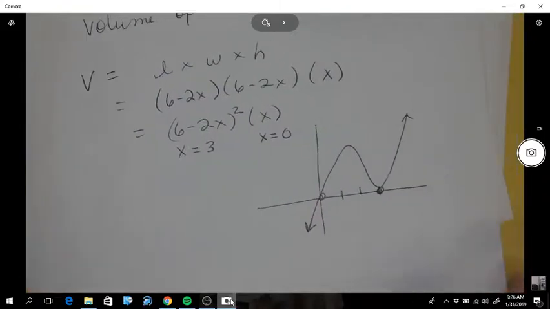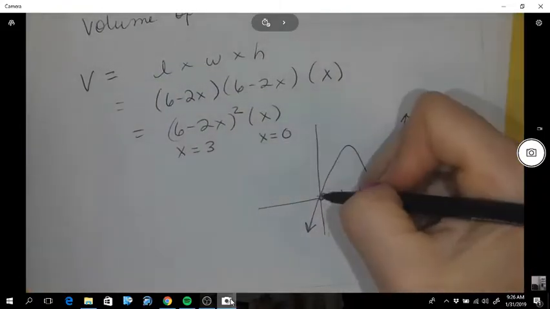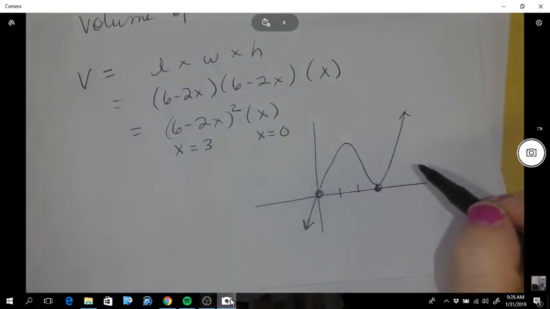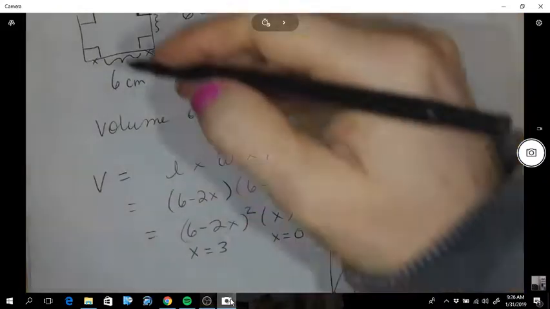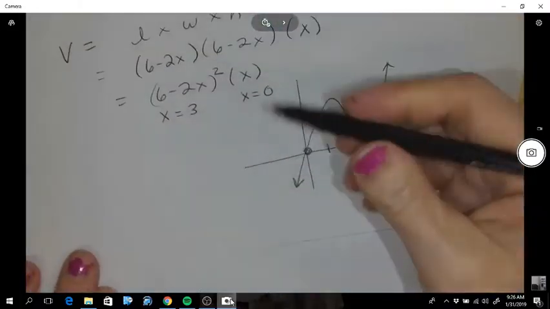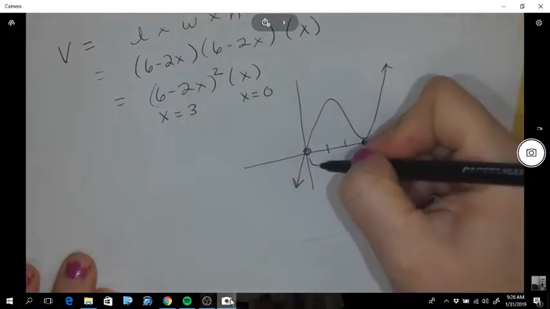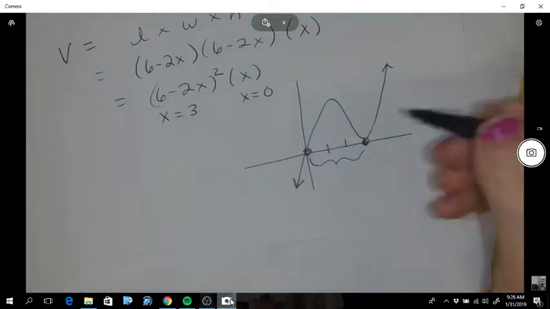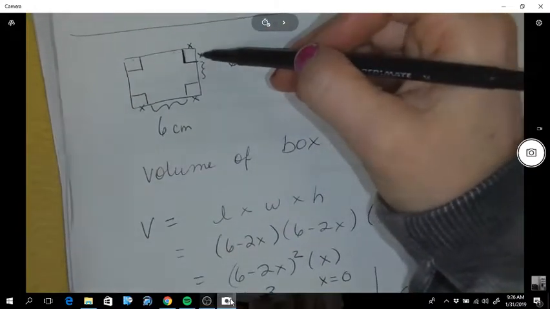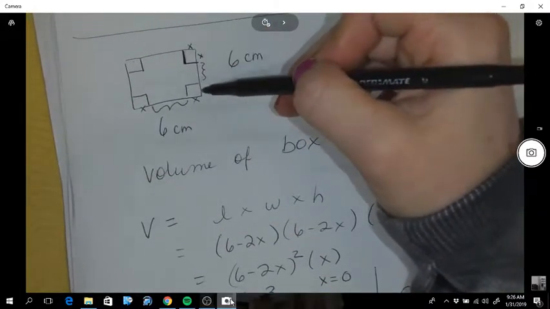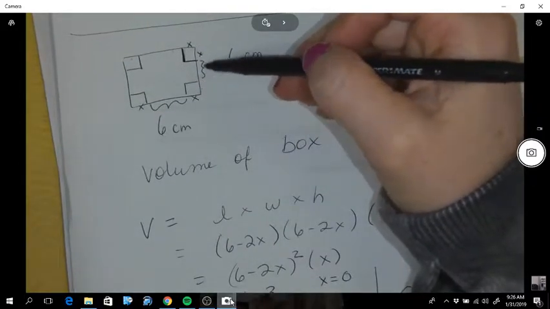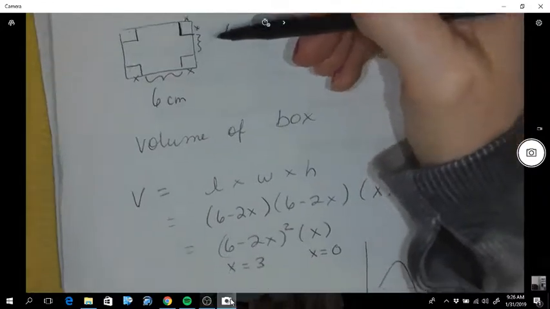Okay, so let's think about this though. Can you have anything lower than 0? And that doesn't make sense, right? Because this is the dimension. So really it only makes sense starting here, this polynomial. And then at 3, right, if our x was 3, this would be 3 and this would be 3, and when you cut 3 and 3 out, it actually makes this side 0, so you can't have that as a dimension.